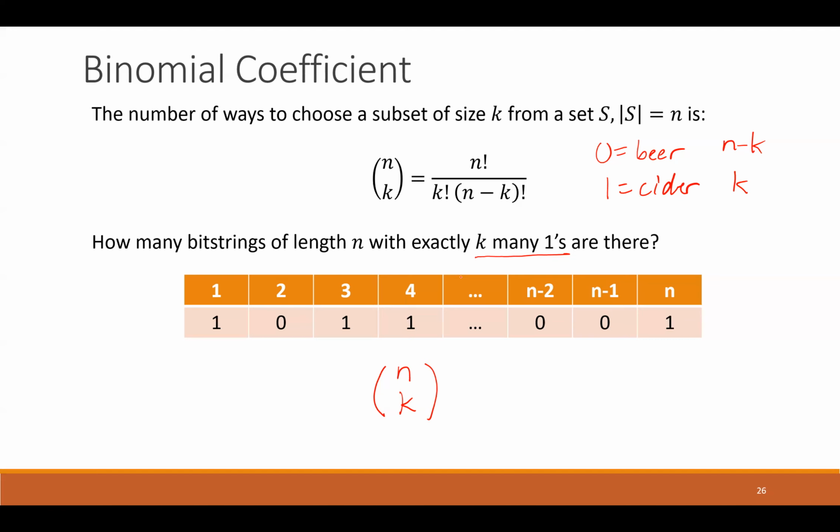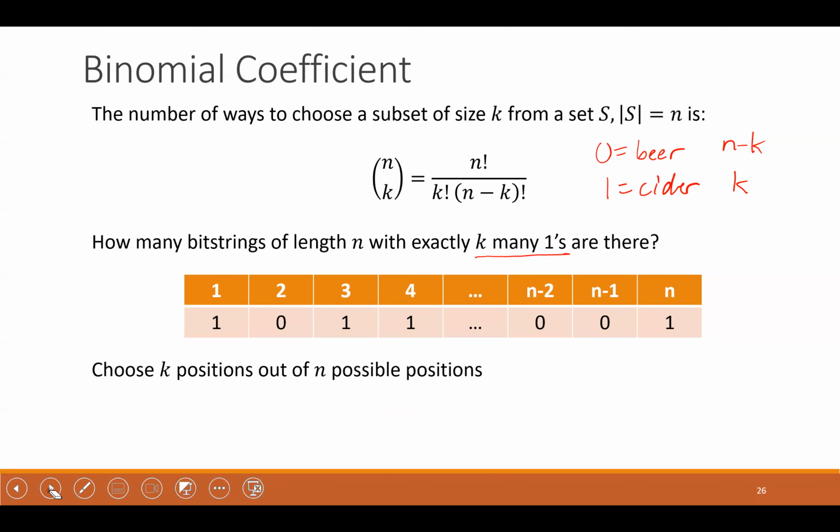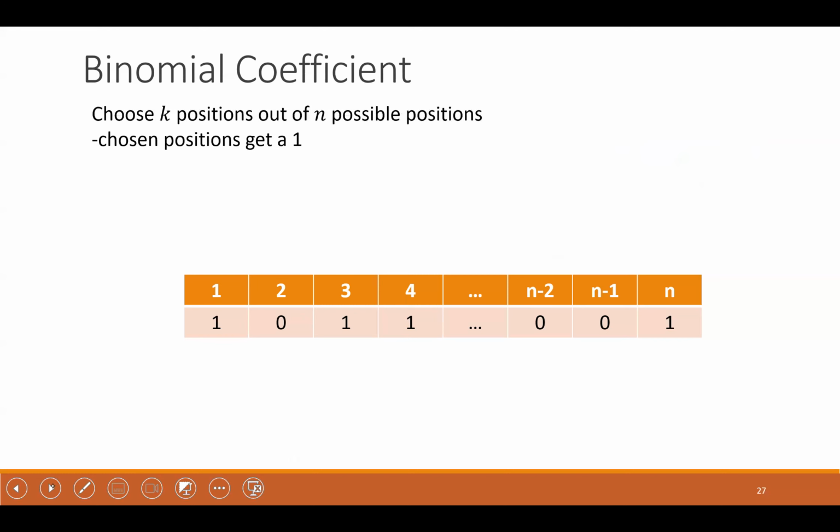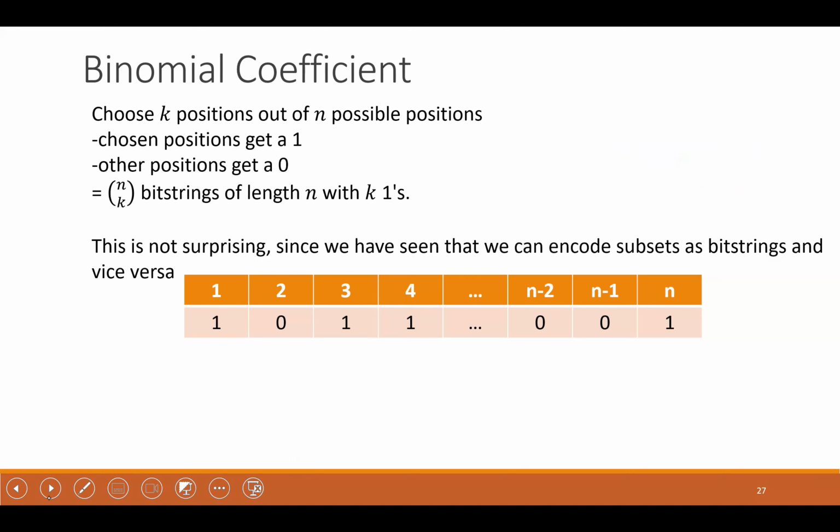All right. So yeah, n choose k, and I can do that because the ones and zeros are indistinguishable. The chosen positions get a 1, the other positions get a 0. N choose k bit strings of length n with k ones. Let's repeat myself a little bit here, but this is in some sense not surprising because by definition, n choose k is the number of subsets of size k from a set of size n.